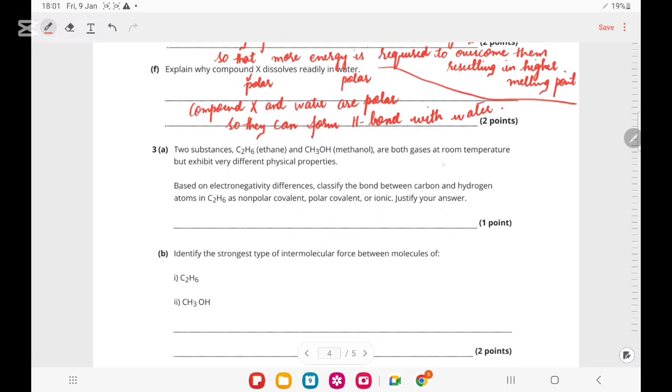Carbon and hydrogen have an electronegativity difference of about 0.4, so it is going to be non-polar, as the difference in electronegativity value is small.